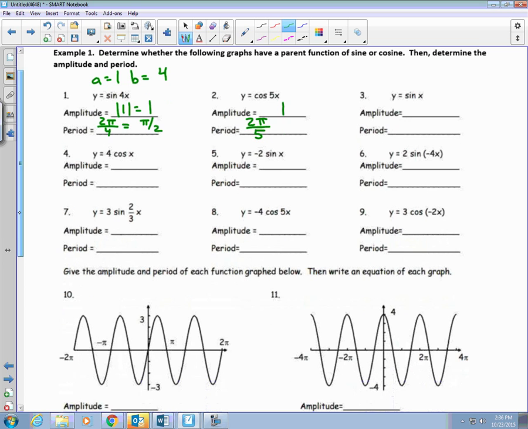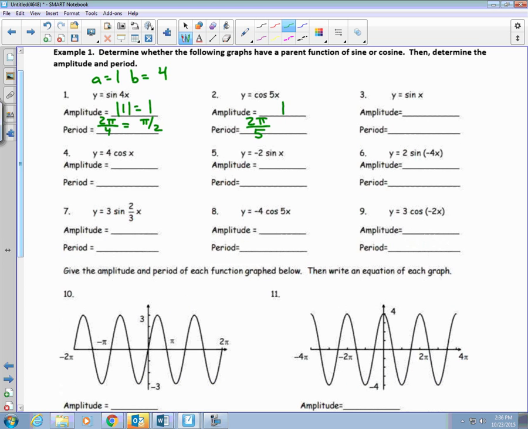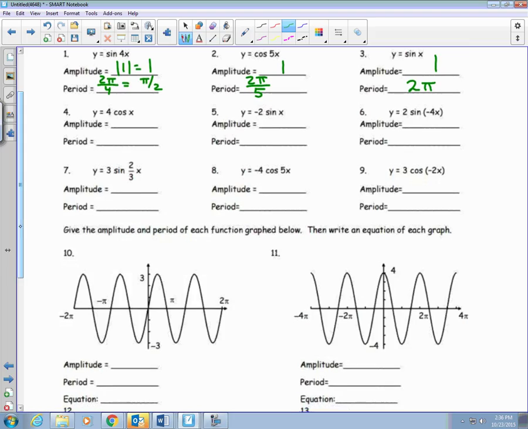What is the amplitude? 1. What is the period? It's always 2 pi divided by your b value, whatever's in front of x. What's the amplitude for 4? 4. What is the period?